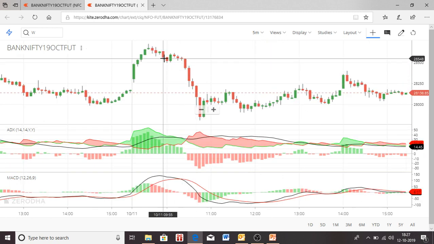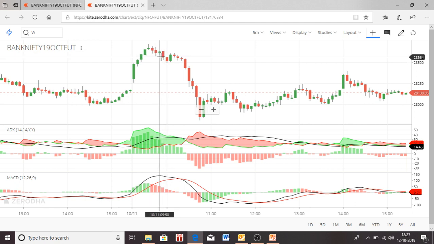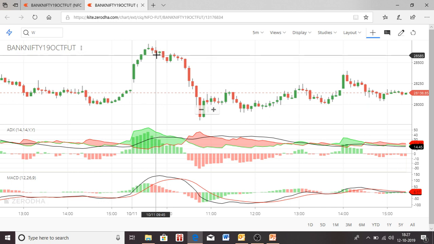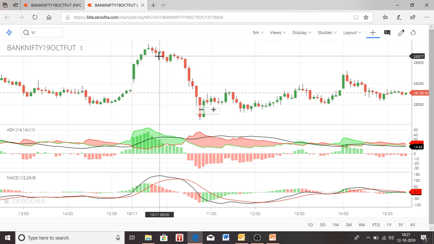That's when you will see what these three candles are doing, which are responsible for making one 15-minute candle. These three candles together comprise a 15-minute candle.